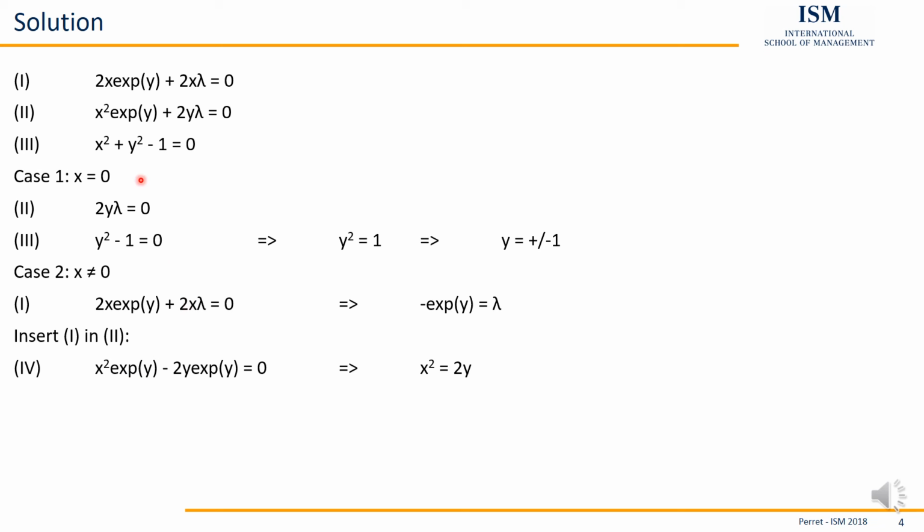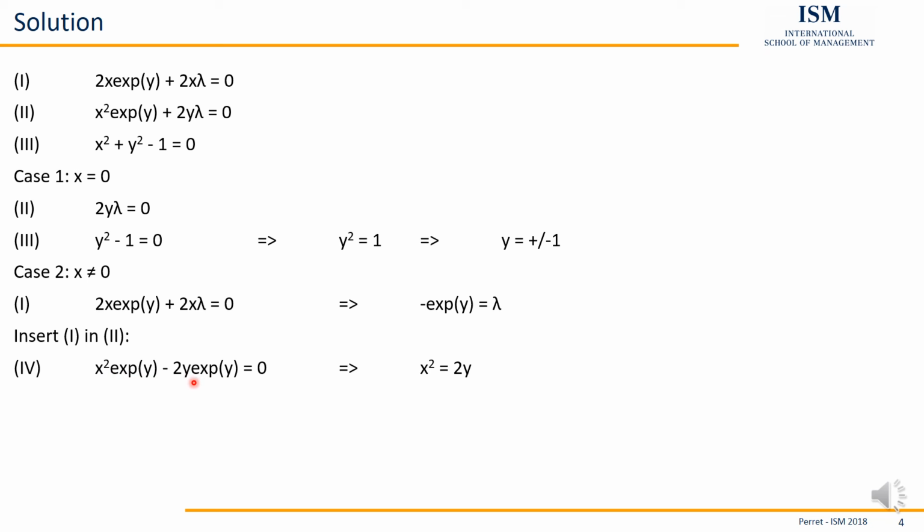As I said above, we can only divide by anything containing a variable if it's not 0. Here we don't need this split into two cases, because the exponential function is always positive. So it will never become 0. So we can simply divide by the exponential function of y.